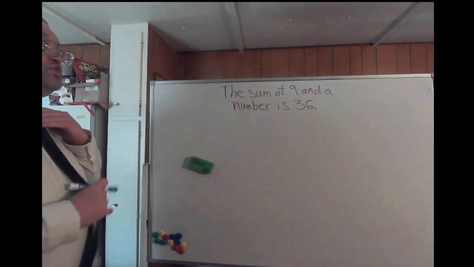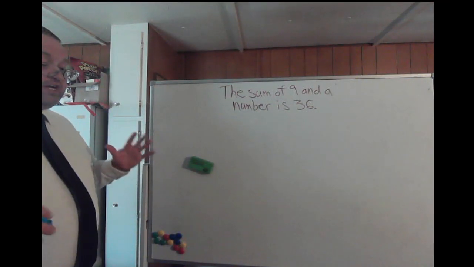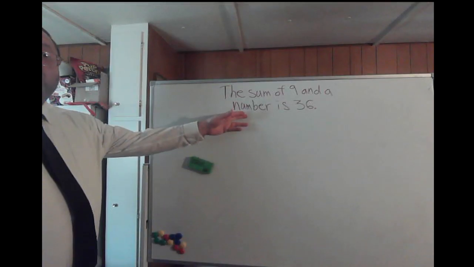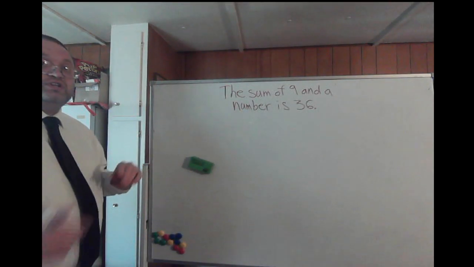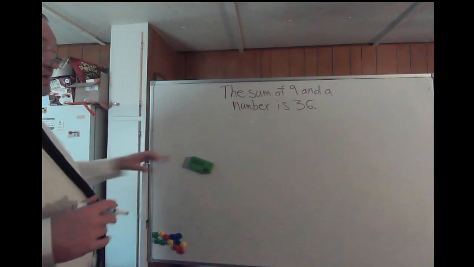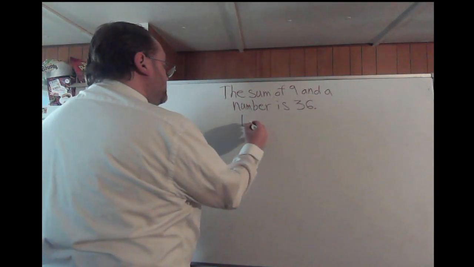First thing you want to do whenever you have problems like this, once again, always define your variable. The number, we don't know what that number is. We have to define that unknown with a variable. So pick an appropriate letter to represent your variable. Let's do x this time.